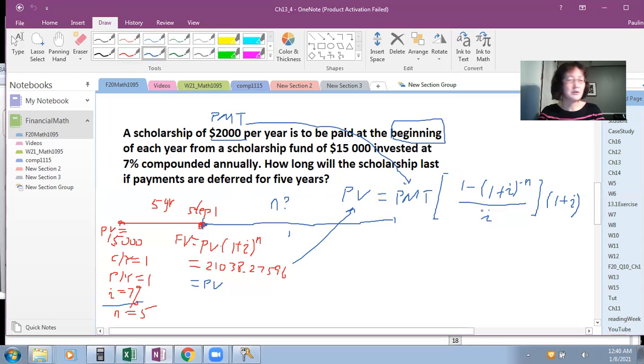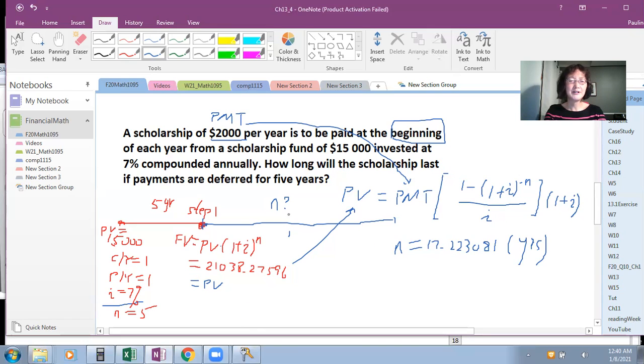One equation, one unknown. You can solve for n. You are also going to use logarithm to find n. So n equal to 17.223. So that is the term n, and the unit is years. It will take almost 18 years. So this is the formula method.